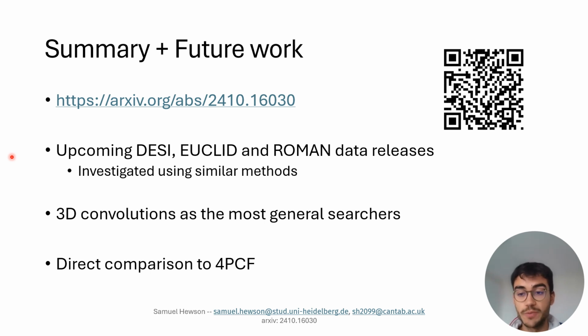We also proposed that it would be useful to find some kind of 3D convolution as a general searcher of local patches of space, as an extension beyond the color convolutional neural networks. And finally, it would be very useful to make direct comparisons between these methods and the 4-point correlation functions.